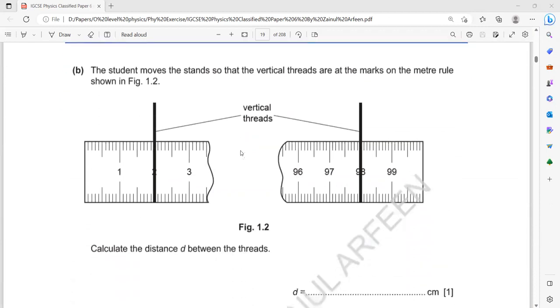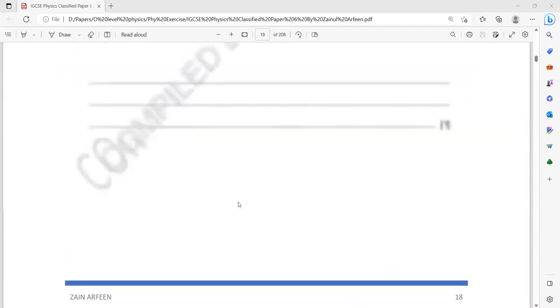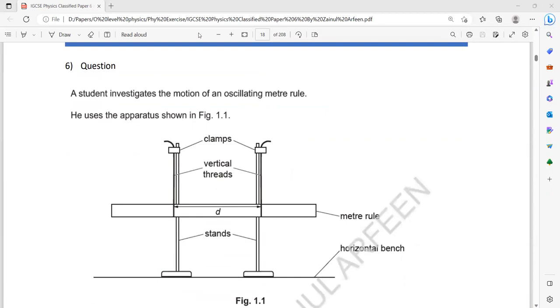The next question: a student moves the stand so that the vertical threads are at the marks as shown. Calculate D. Look, what is D here? D is the distance between the two threads.